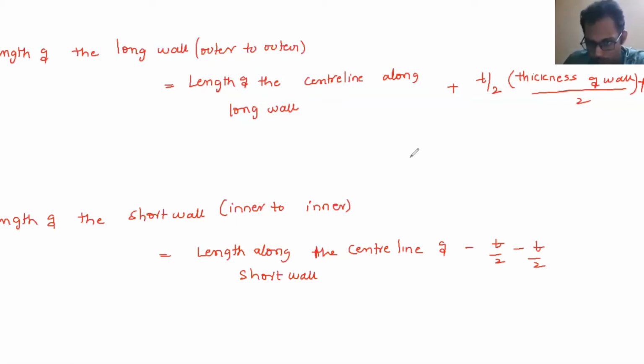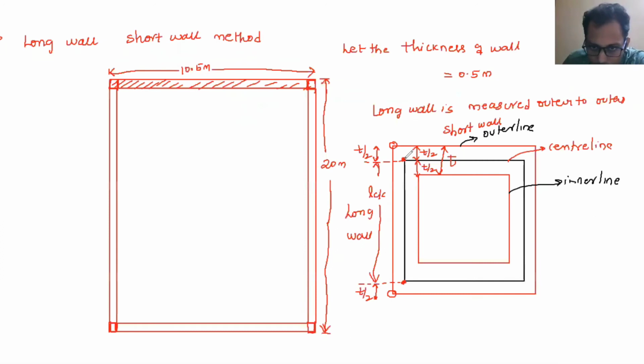this is the short wall. So here this is the length of the center line. This is the length of the center to center along the shorter direction. But I want it from inner to inner.